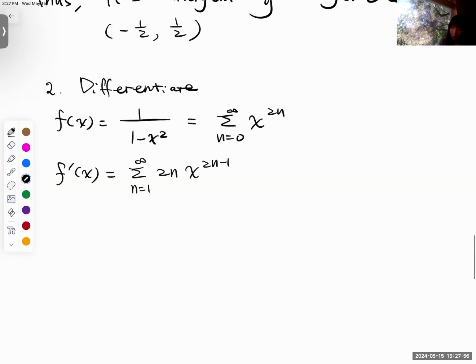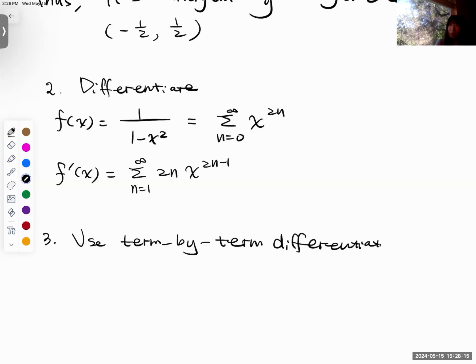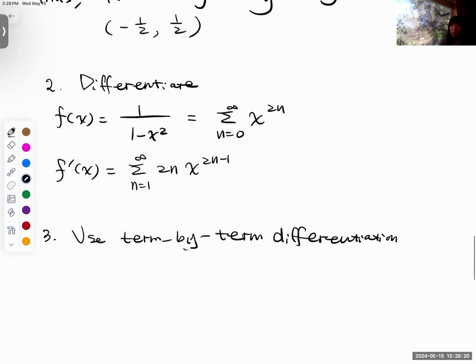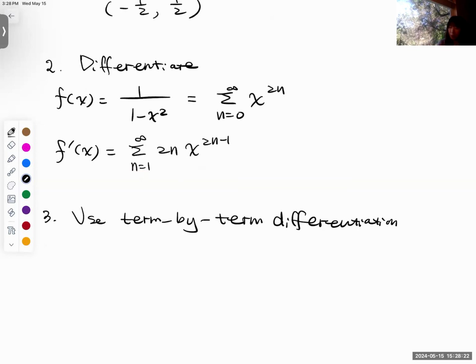And number 3, we use term by term differentiation to find the power series.